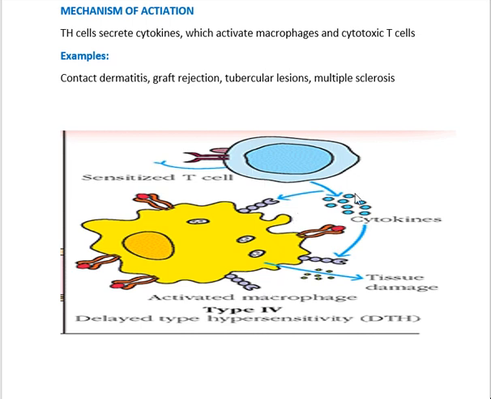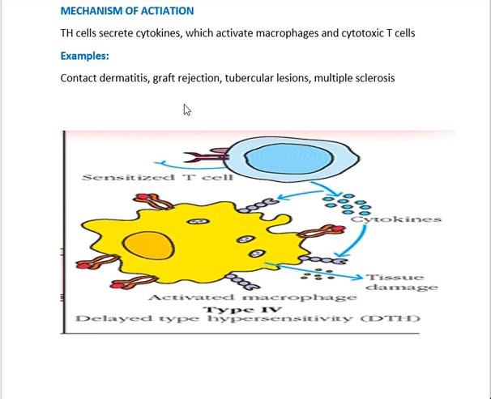So here the T cells are going to secrete cytokines, and these cytokines induce the activation of macrophages, and these macrophages will directly damage and secrete chemical substances which are going to damage our cells, and that's how causing the cell-mediated hypersensitivity.